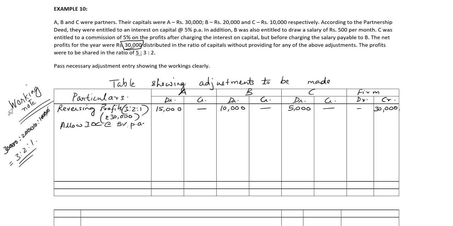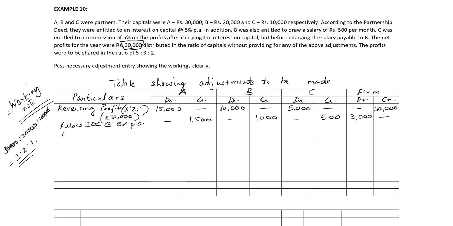For allowing IOC, we need to credit the partner and debit the firm. So 1,500 for A, 5% on 20,000, which is 1,000 for B, and 5% on 10,000, which is rupees 500 for C. Total IOC rupees 3,000 to the debit of the firm.